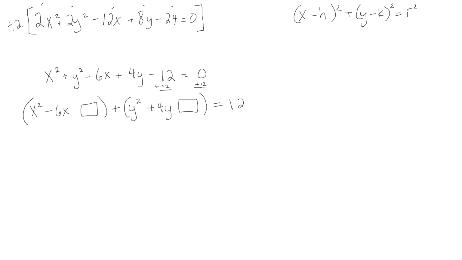Now to find out what I'm missing, I'm going to take this middle term, divide it by 2, cut it in half, and then square it. Missing a 9. This term, I'm going to take this middle term, cut it in half, and square it. I'm missing a 4.